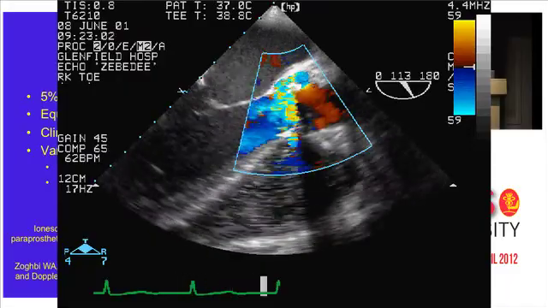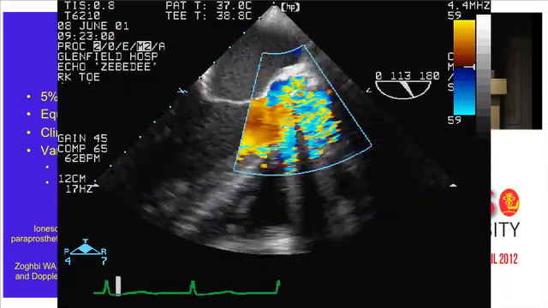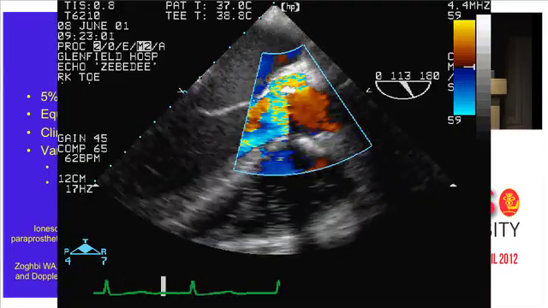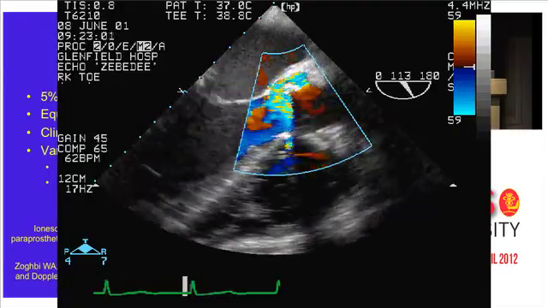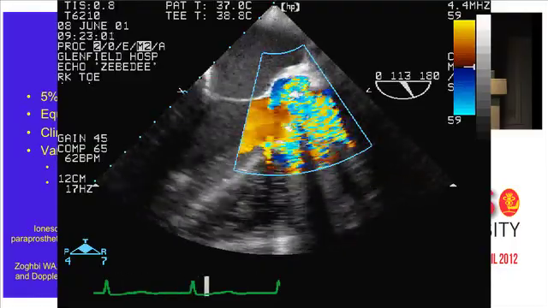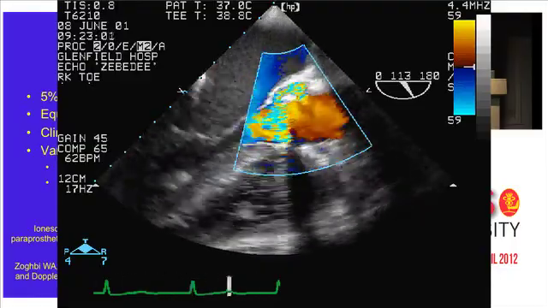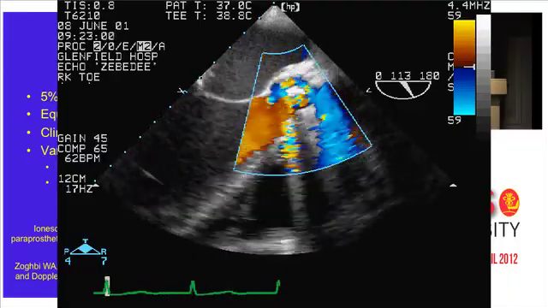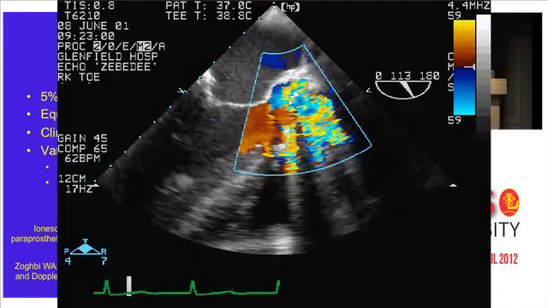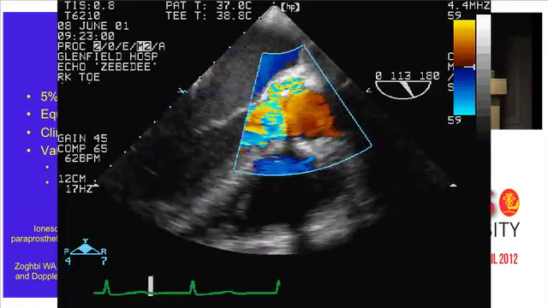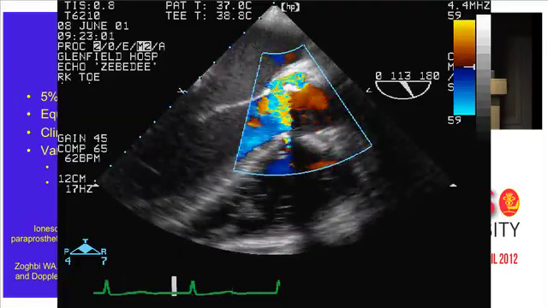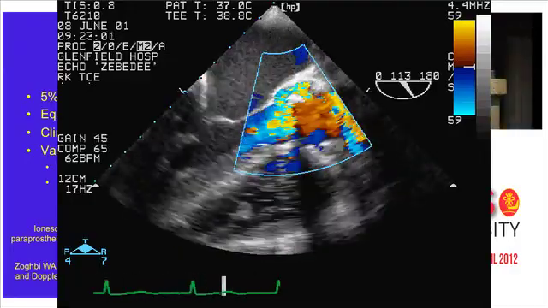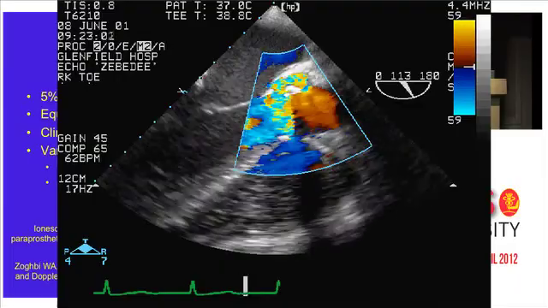So we know that trivial or mild paravalvular leaks, no problem. We can accept that. But when it comes to moderate and to severe, we have to remember there is no specific guideline on how to quantify this. We extrapolate from our aortic regurgitation and mitral regurgitation guidelines on how to quantify this. So there are no real guidelines for this. And then we have to decide how severe is it and what are we going to do about it.